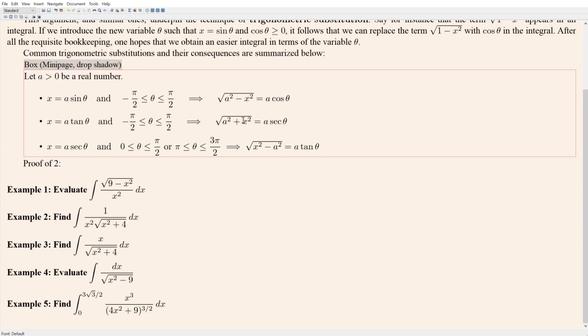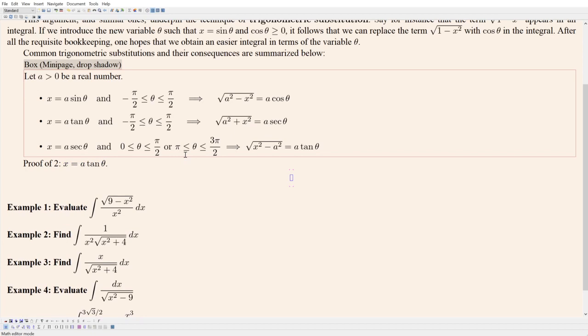So here, if x is equal to a tan theta, where a is just any positive number, then take a look at this.